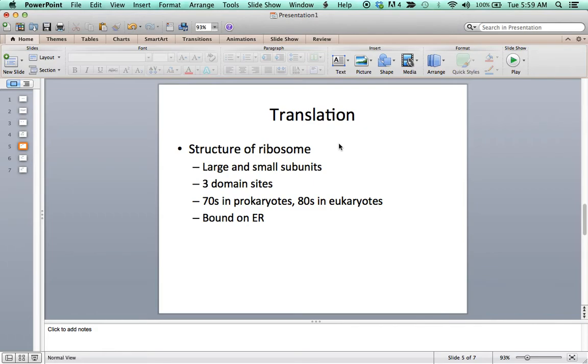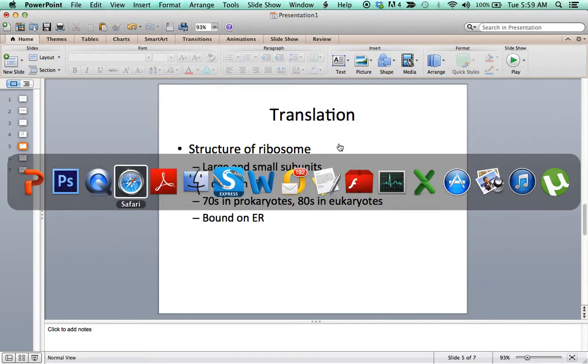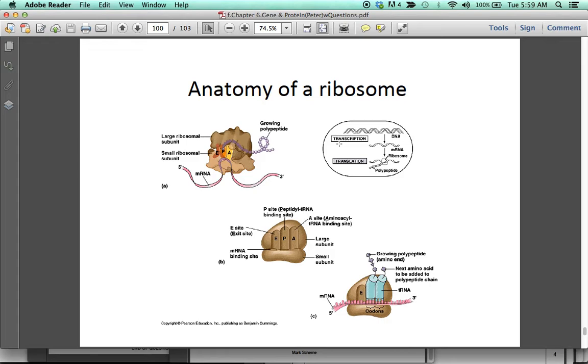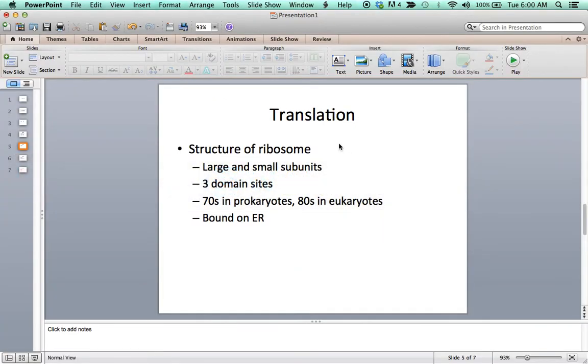Secondly, ribosomes have three domain sites known as the E, P, and A sites. And ribosomes are 70S in prokaryotes, 80S in eukaryotes, and some of these ribosomes are bound on the endoplasmic reticulum. So this is the ribosomes.